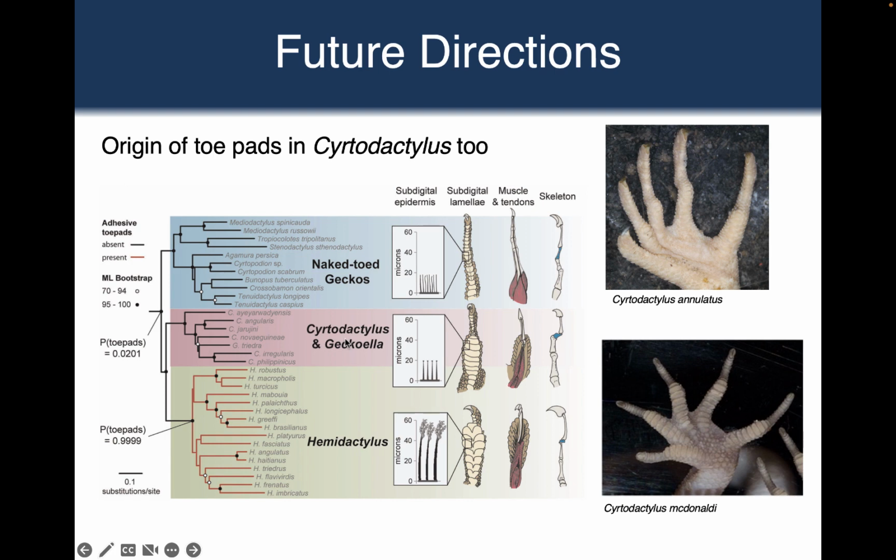Some of the Southeast Asian and Australian groups do have rudimentary toepads. So it looks like there was an origin of toepads within Cyrtodactylus, not at the root of Cyrtodactylus, but within Cyrtodactylus. So I'd love to see this same kind of study quantifying toe and toepad shape in Cyrtodactylus to see if they also follow a late burst model of evolution, since they contain an origin.